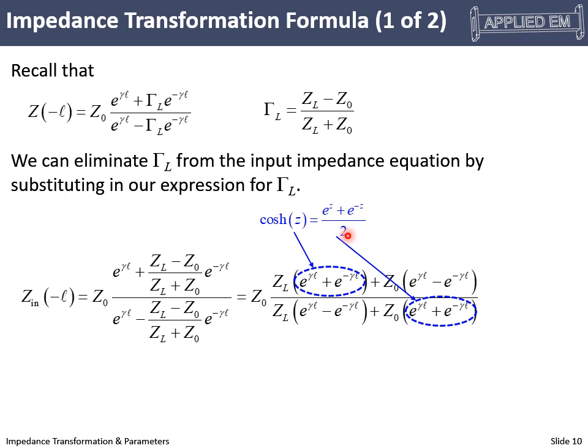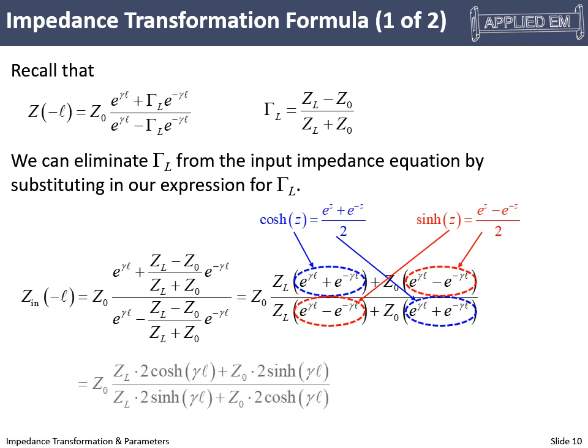Cosh is the exponentials divided by 2, so when we replace this, we'll have to remember to bring the 2 over here, and there'll be a 2 hyperbolic cosine. Now, our expressions with the negative sign in here, that's our hyperbolic sine function. And again, we'll have to remember to actually put in 2 hyperbolic sine in there. So when we do all that, now here is where we end up.